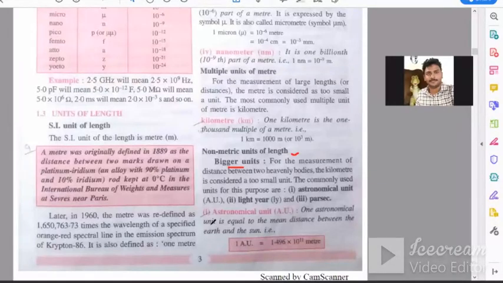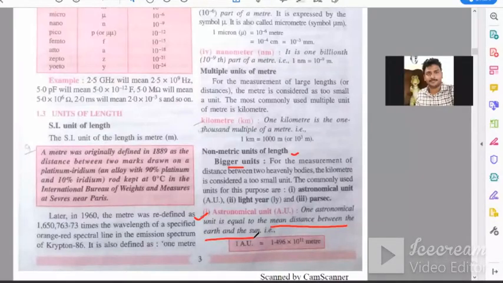Now for bigger unit we are using the astronomical unit. Now what is an astronomical unit? So here you can see it is equal to the mean distance between the sun and the earth. Okay, we know that the orbit of the earth around the sun is not perfectly round, it is elliptical.